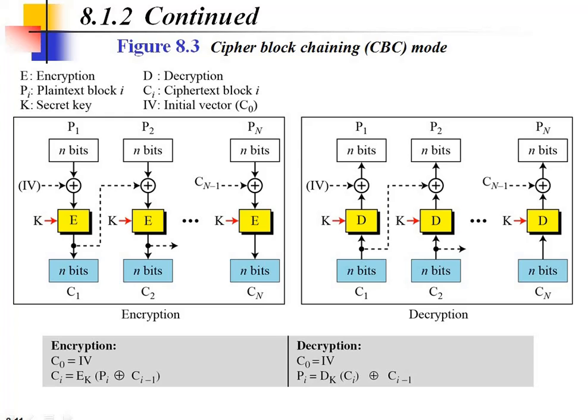And here we have shown the relationship between the plaintext and the ciphertext block. The initial block, that is C0, is equal to the IV, and later the subsequent ciphertext block is obtained by encryption of the plaintext block Pi XORed with the previous ciphertext block Ci-1.